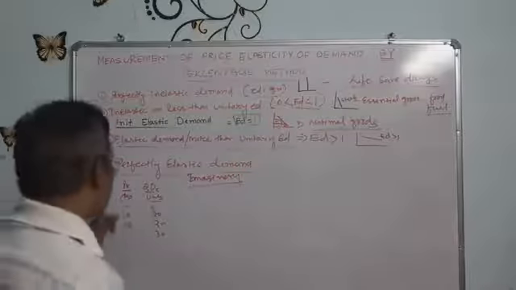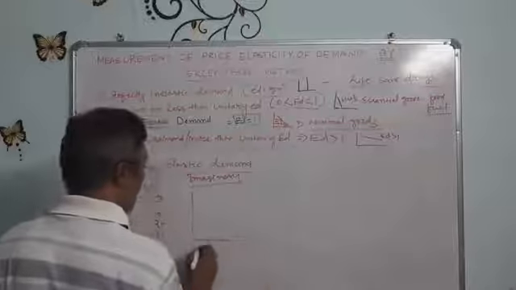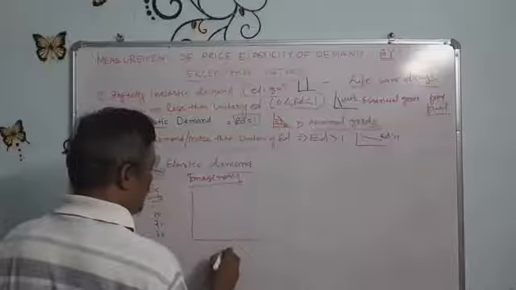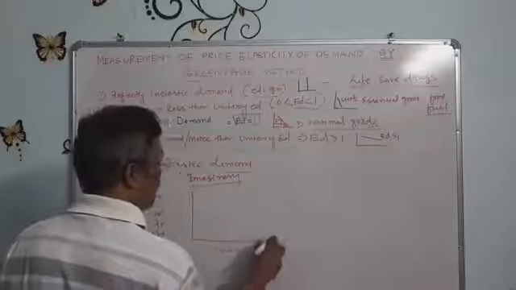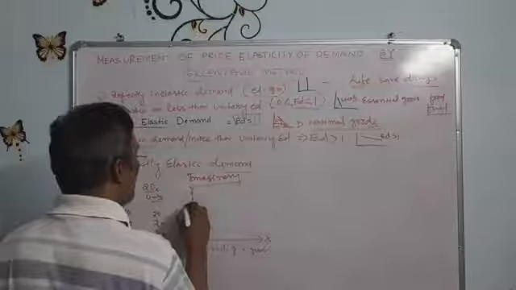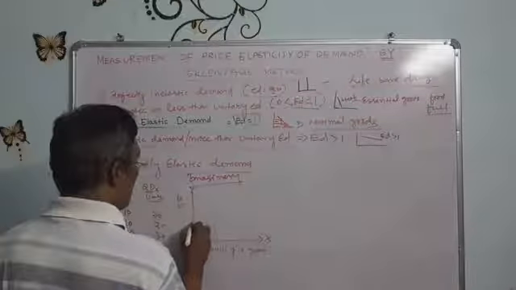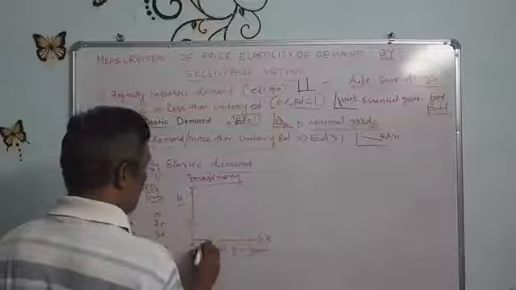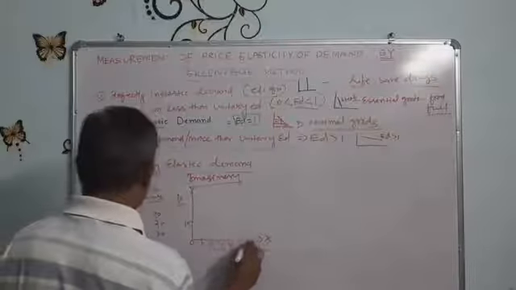But in this case, the demand curve will be like this. Units of X goods on the X axis, and on the Y axis the price of X goods. Suppose the price is 10, and the quantities are 5, 10, 15, 20, 25, 30 like this.